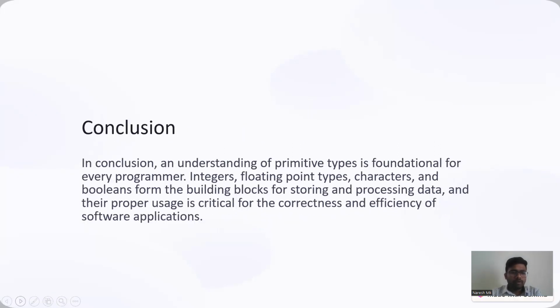Conclusion. In conclusion, understanding primitive types is foundational for every programmer. Integers, floating point types, and characters play a main role in the programming language, and booleans, used in if else, while, and do while, form the building blocks for storing and processing data.